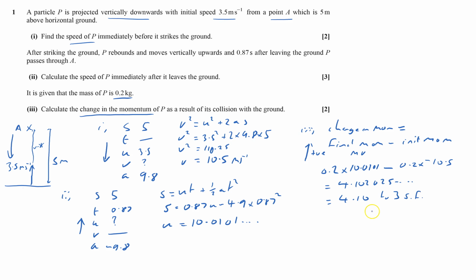You could put the units, it's mass, so it's kilograms, times velocity, so it's meters per second. And that'll be question 1 done.